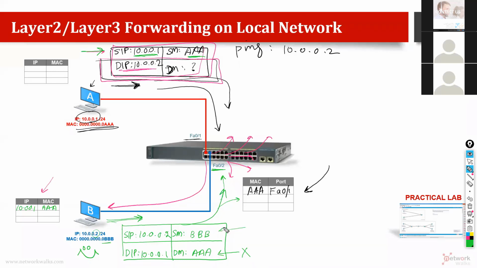This information is useful. So it has come to know that a message has come on my FA0/2. So it means there is someone connected on my FA0/2 who has a MAC address of BBB. Right? So now the switch says, okay, I am happy, you can proceed.